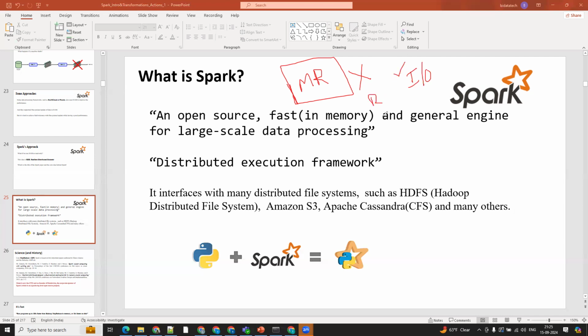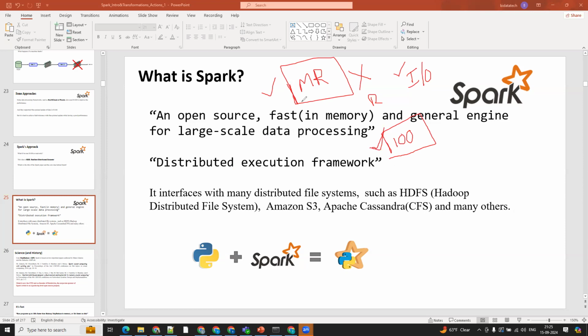Now Spark is 100 times faster than MapReduce performance. Obviously, if it is 100 times faster, people will go with Spark only. Now, the entire industry started replacing MapReduce programming with this one.